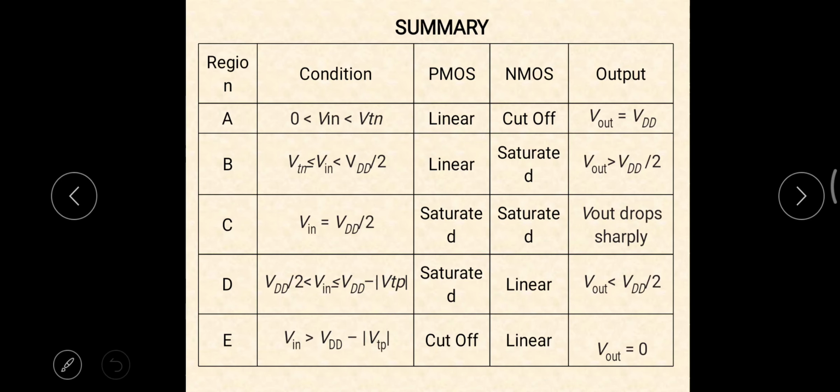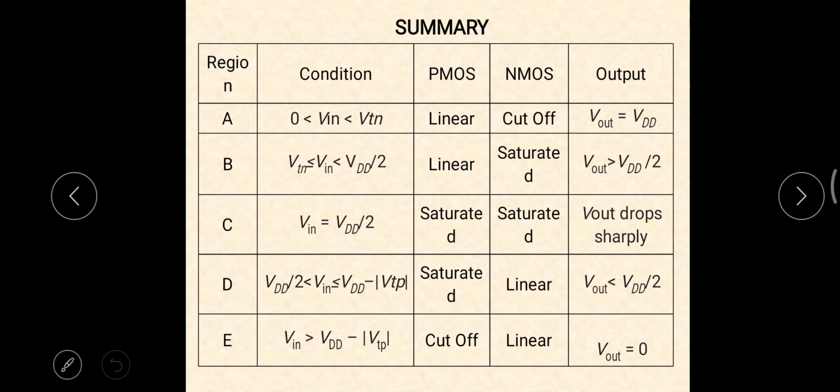Now this is the summary about your CMOS inverter for different regions. So there are 5 regions. Your region A operates between 0 to VTN, your B operates between VTN to VDD by 2, and at C we already derived Vin is nothing but VDD by 2.